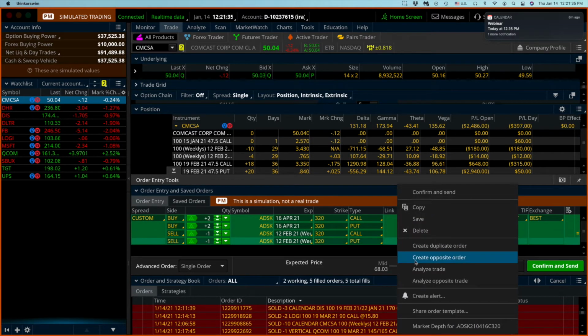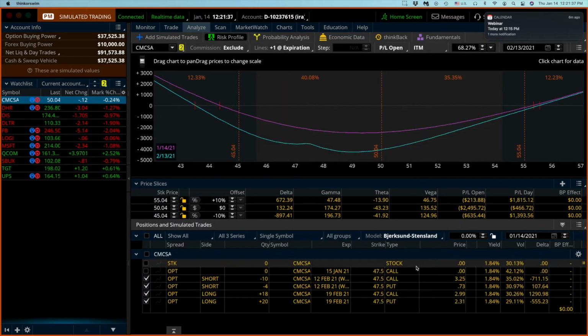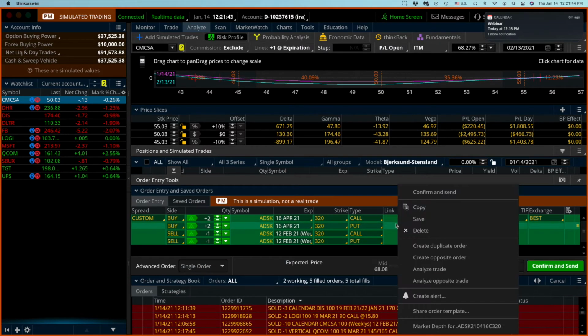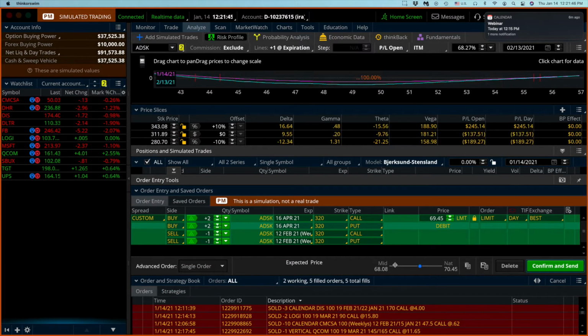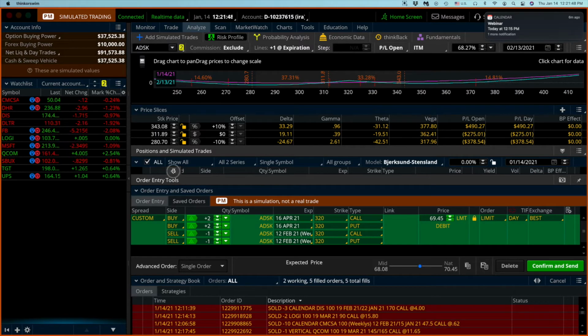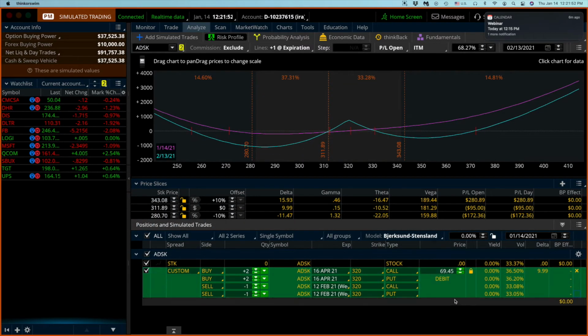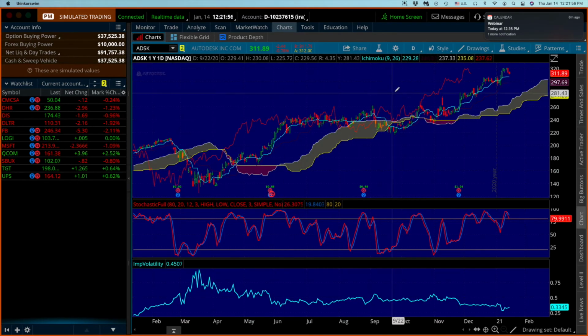Let's go to the analyze trade. Here it is. Okay. Here we go. This is a trade. Is it the trade that I want? Well, let's see. It's trading currently at 311.